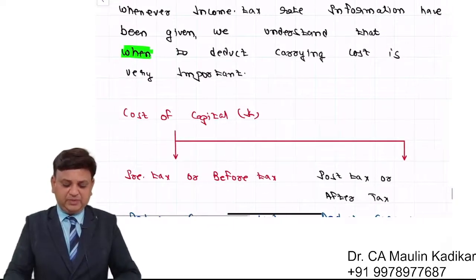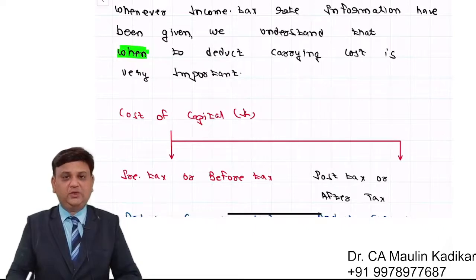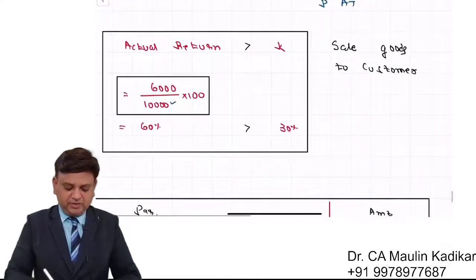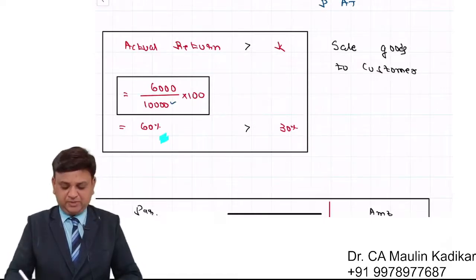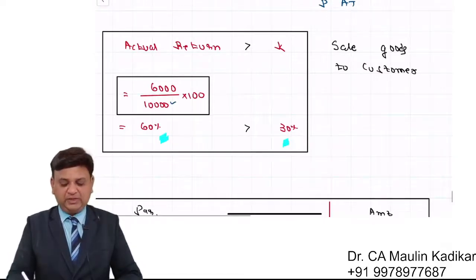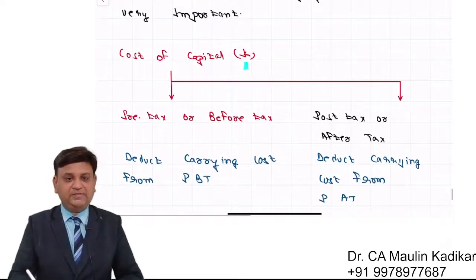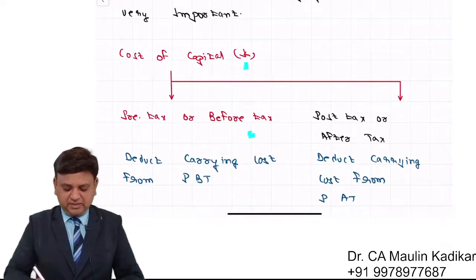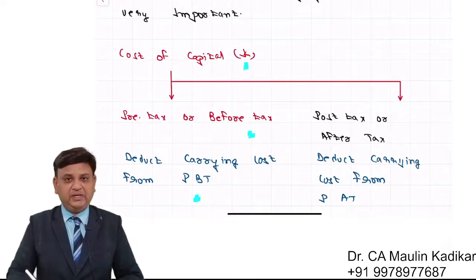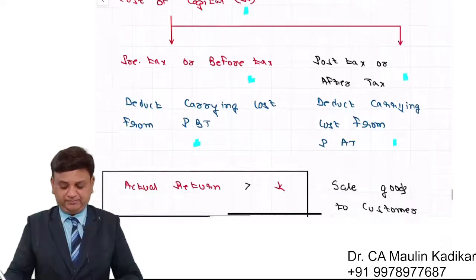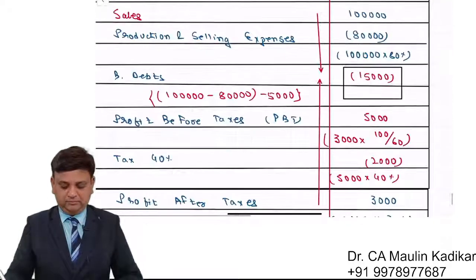I tried to give an explanation of the same question with an alternative method wherein we compute the actual return of 60%, which is more than the required rate of return of 30%. If cost of capital is given before tax, then deduct the carrying cost from PBT. If after tax, deduct the carrying cost from PAT.